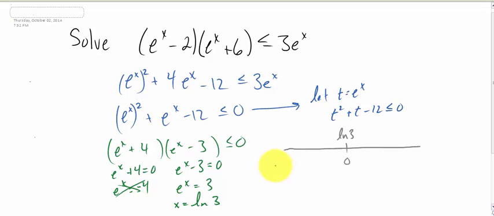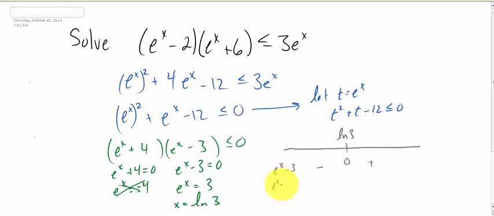On this side, e^x minus 3, if I plug in something smaller than natural log of 3, is negative, and positive over there.